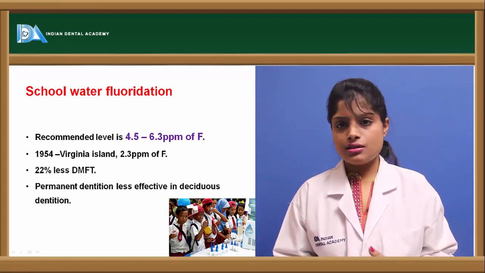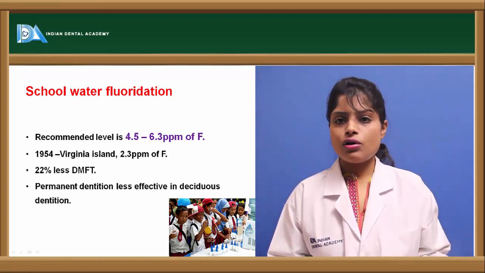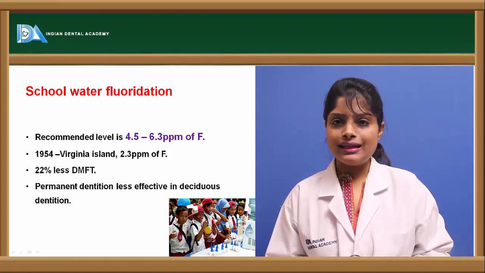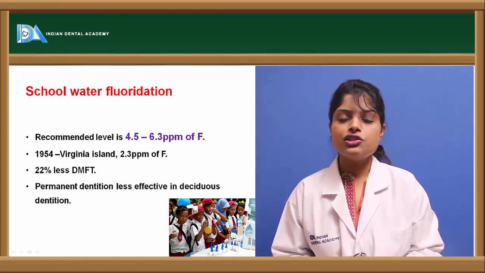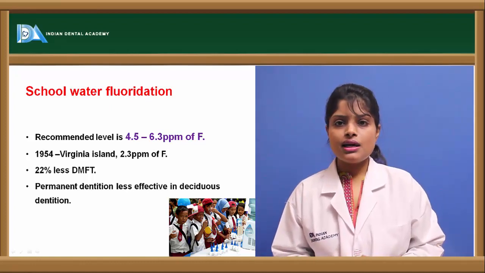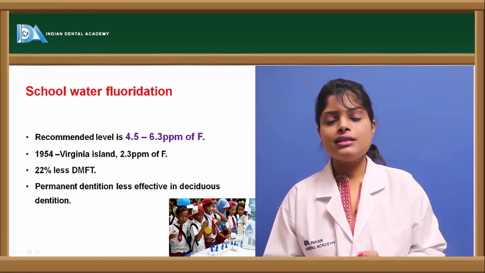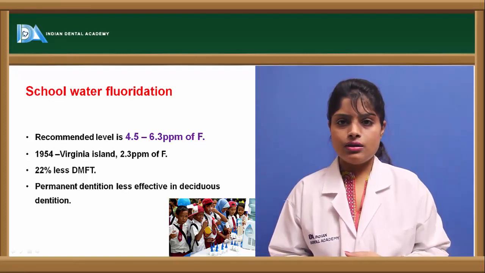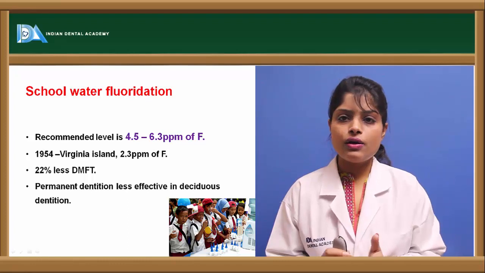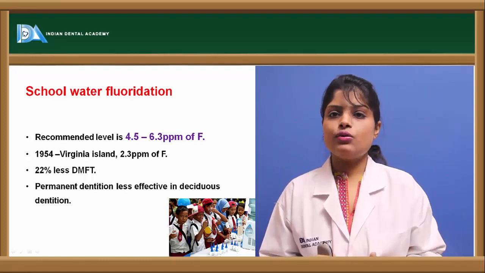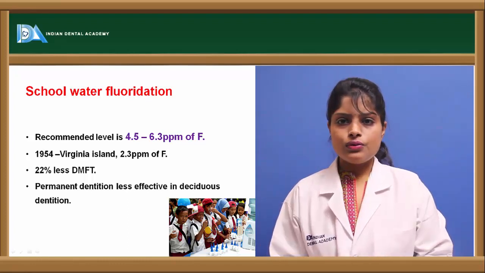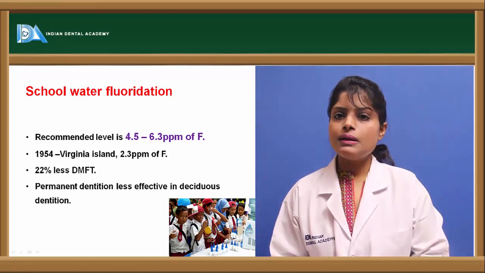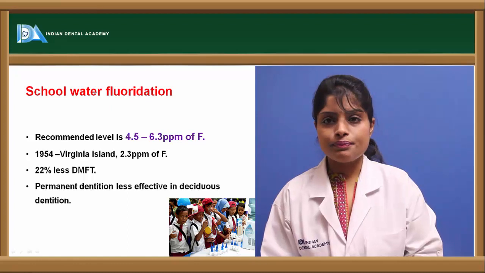In such cases, the fluoride administration cannot be maintained constantly. Sometimes there is also no regular intake, and we cannot monitor the quantity of water consumed by school children over a period of time.